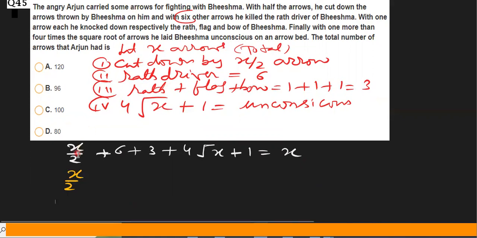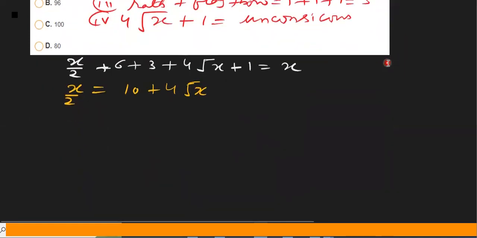So this further can be written as x by 2, सारे टर्म्स को आप राइट हैंड साइड ले जाइएगा, that is equal to 6 plus 3 plus 1, 10, plus 4 root x. 4 root x को एक तरफ रखिएगा, 10 minus x by 2, taking LCM here.